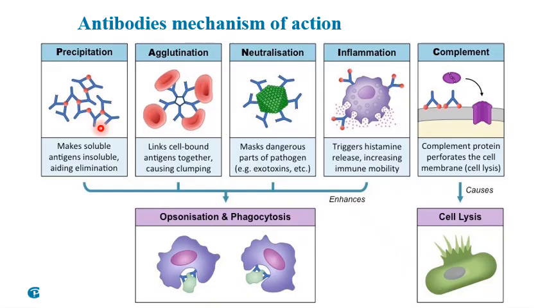Once they're clumped together, they become heavy and can be eliminated by phagocytosis. When they activate the complement system, they do not promote phagocytosis, but rather the actual bursting of the bacteria itself.